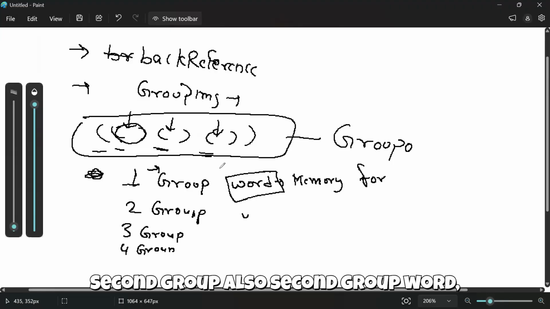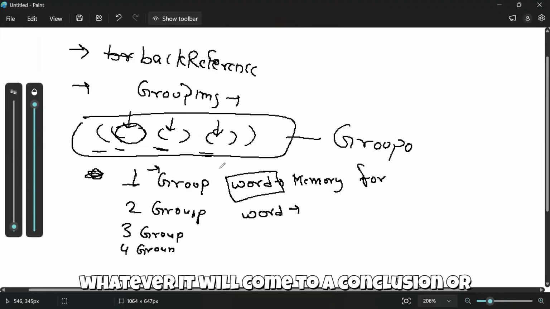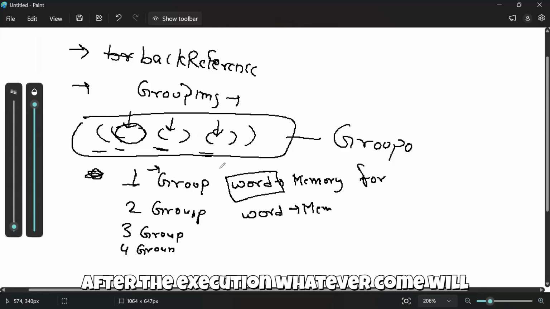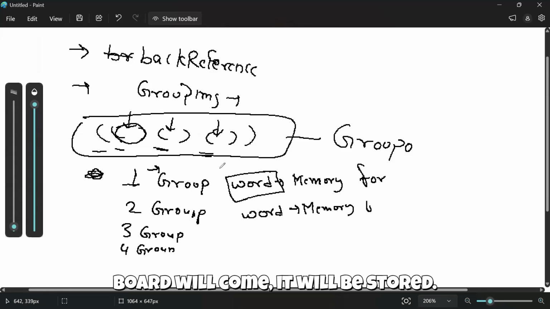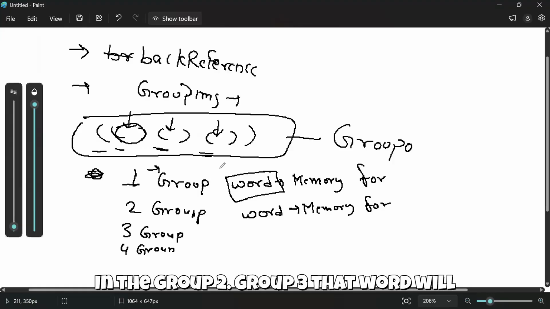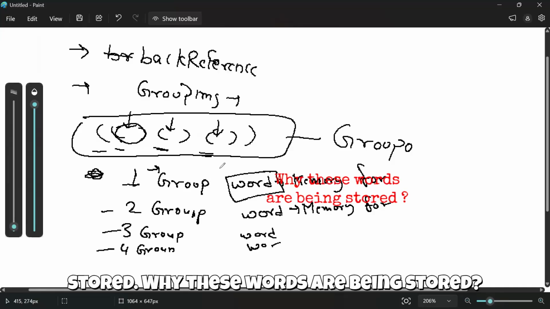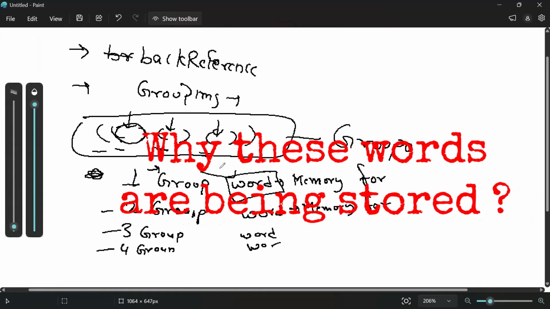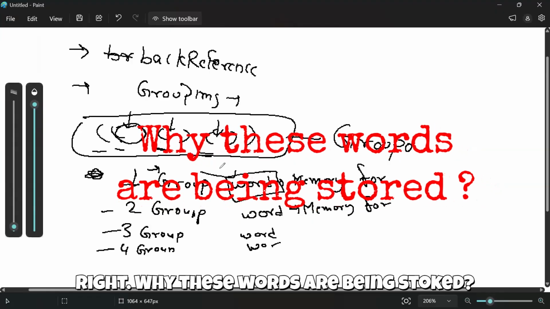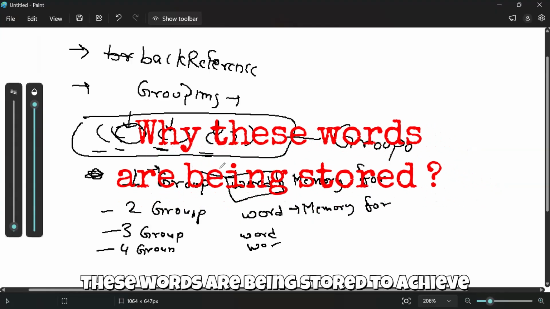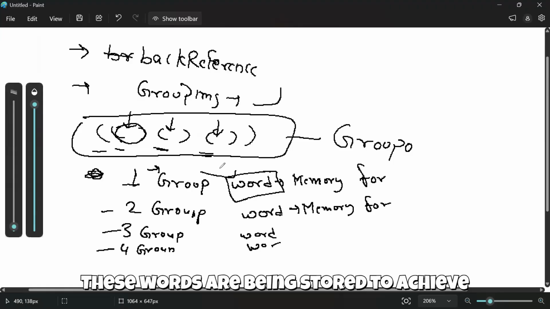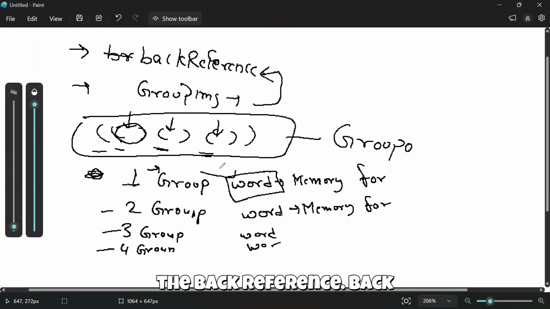Second group also, whatever word comes after the execution will be stored in group 2. Group 3, that word will be stored. Group 4, that word will be stored. Why are these words being stored?